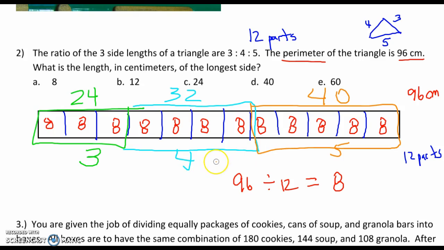This tape diagram is just a way of visualizing the number. The key here was to take this three-part ratio and know the total number of pieces in the ratio. So maybe that's a way to look at it. Instead of 12 parts, 12 pieces.